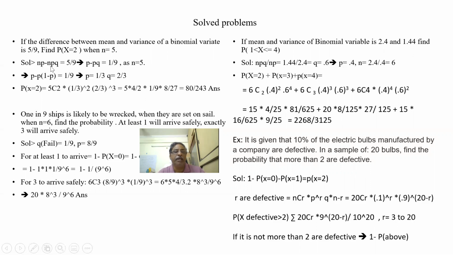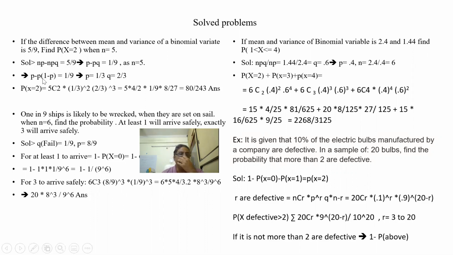So np minus npq is equal to 5 by 9. I know n is 5, so I am putting it: p minus pq is 1 by 9. So q is 1 minus p. When you solve this, I get p as 1 by 3 and q as 2 by 3.